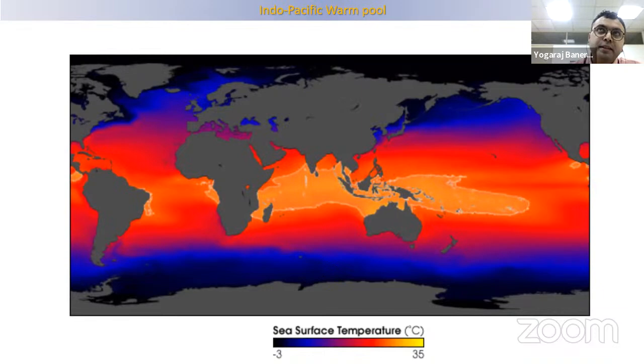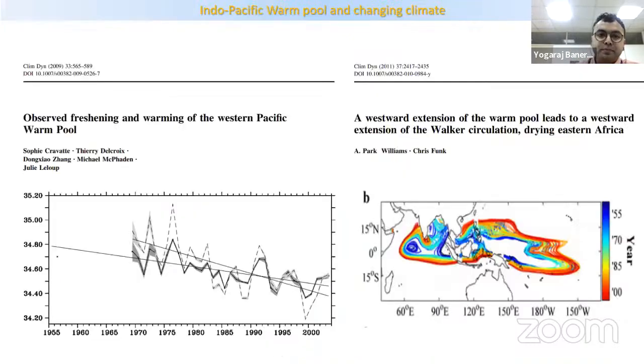But presently, in the context of modern climate change, this particular region is experiencing different kinds of change in its dynamics. There is much research that has documented changes in the properties of the Whirlpool region.